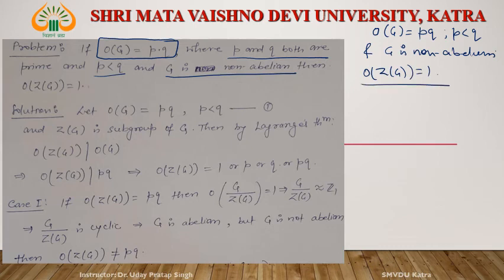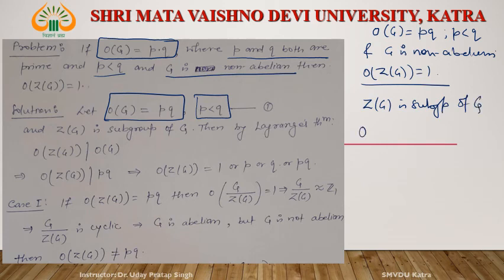Let us see. What is Z(G)? Z(G) is a subgroup of G, we know that. Then by Lagrange's theorem, the order of Z(G) divides the order of G, so it divides pq. The order of Z(G) is either 1, p, q, or pq.